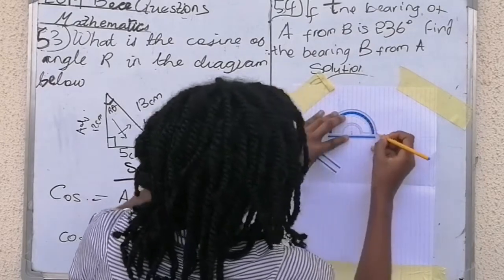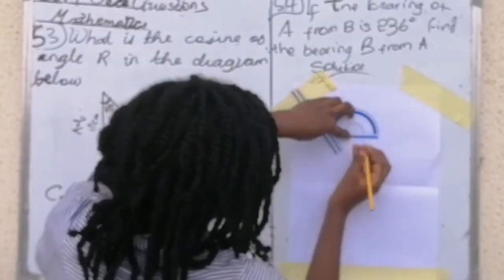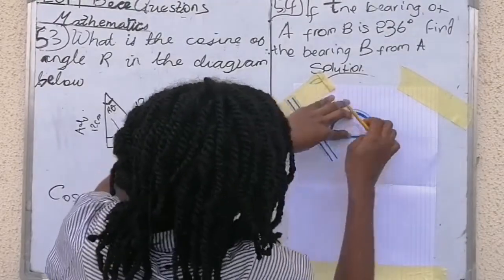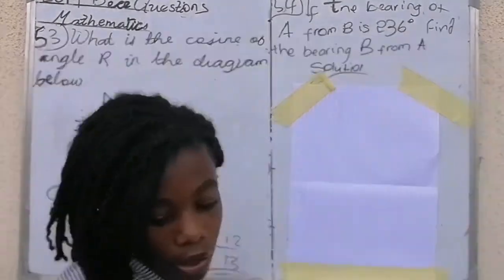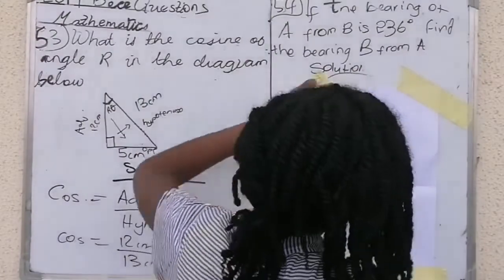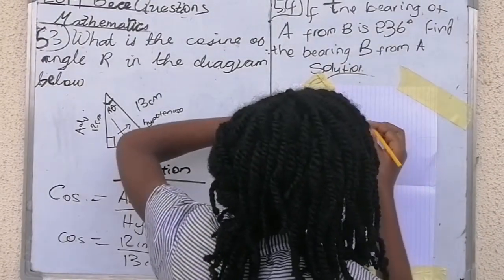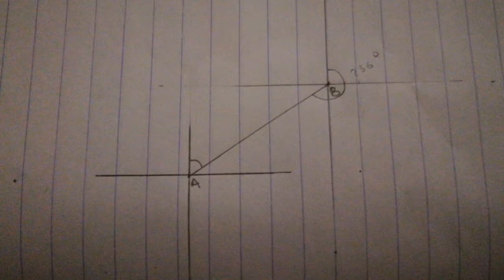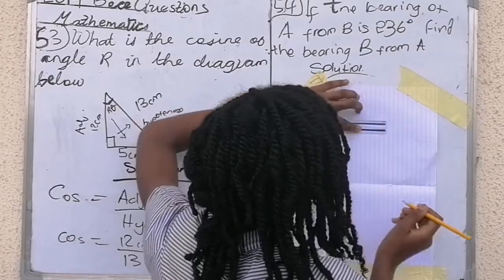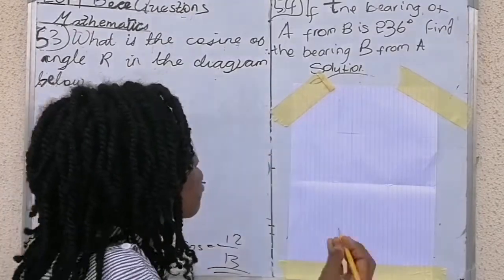I'm constructing this angle here. Now I've constructed it, I can draw it with a ruler. So now this is point B.